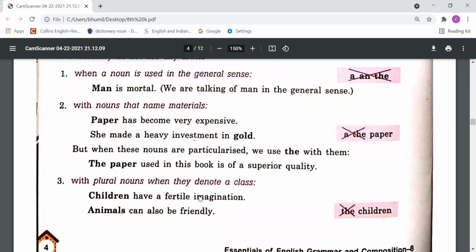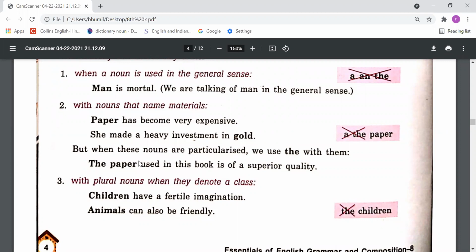Next, but when these nouns are particularized, we use the with them. So dear friends, the second point we need to remember is that when we make them a definite noun, a particular noun, we should use the. Let's see: The paper used in this book is of a superior quality. We are not talking about common paper. We are talking about the paper which has been used in this book, so that paper is now particular.